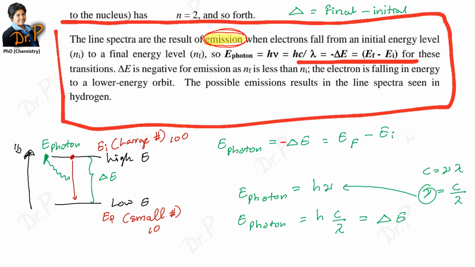Then what is this negative sign over here doing there? I have not shown a negative sign in this place, but you can see it here. So what is this negative sign doing? It's simply saying that we are doing all this for emission. So I can go ahead and put a negative sign here just to indicate it is emission.